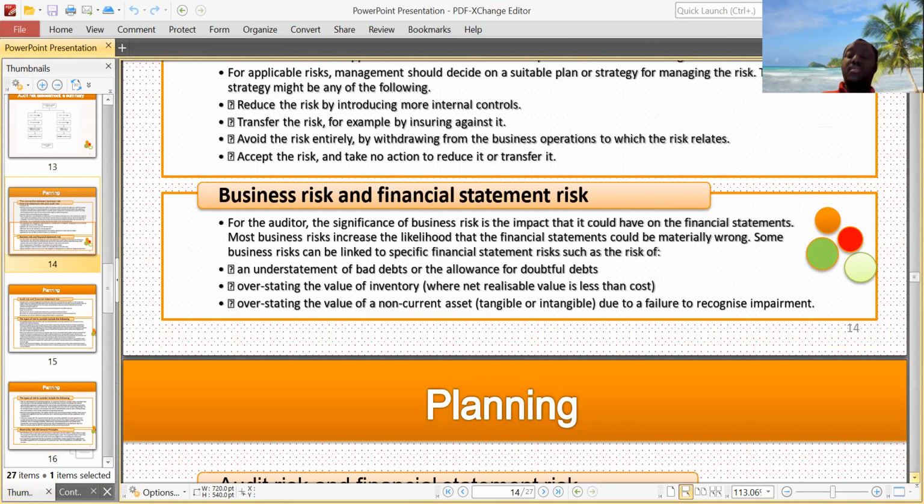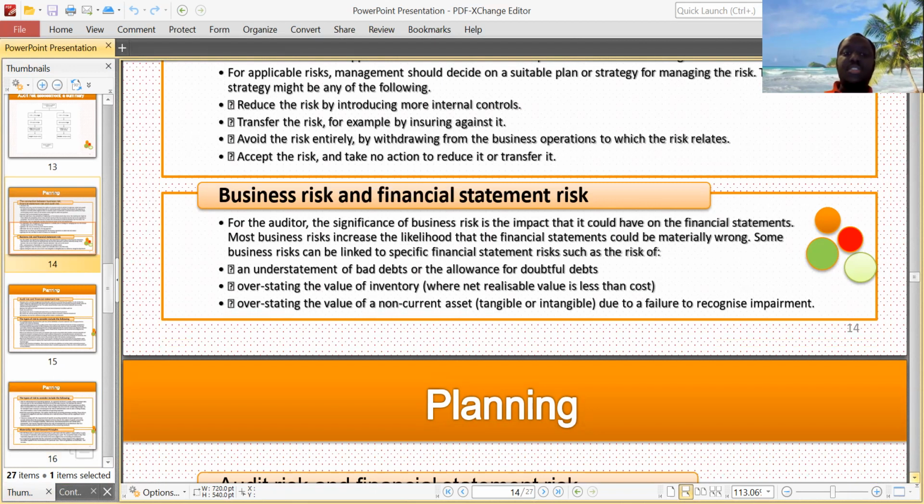So definitely business risk will have impact on financial statements. Some business risks can be linked to specific financial statement risks, such as the risk of an understatement of bad debts, overstating the value of inventory, or overstating the value of a non-current asset. So you see how business risk could impact financial statements.